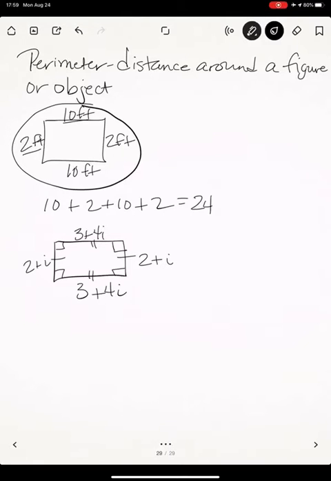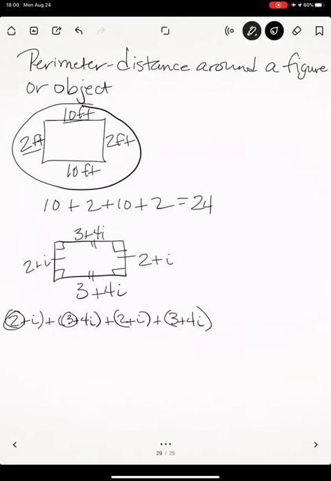So we can do it one of two ways. I'm going to do it both ways. You could just do like I did up here and add up all the sides. You could say (2 plus i) plus (3 plus 4i) plus (2 plus i) plus (3 plus 4i). So all we do is put our like terms together.